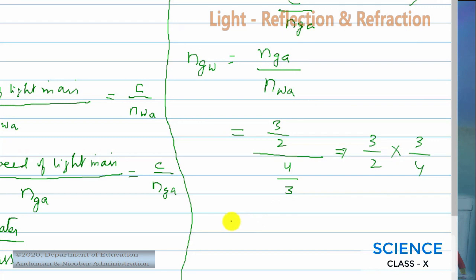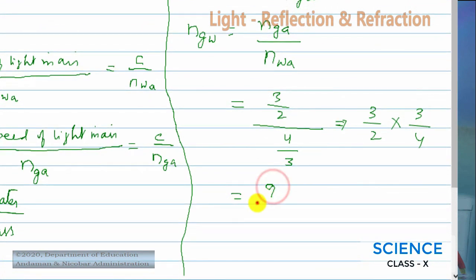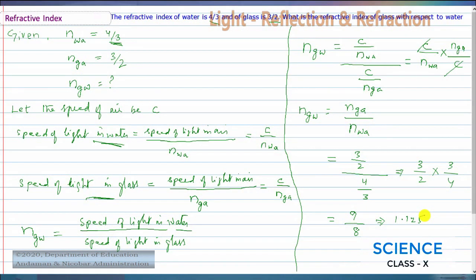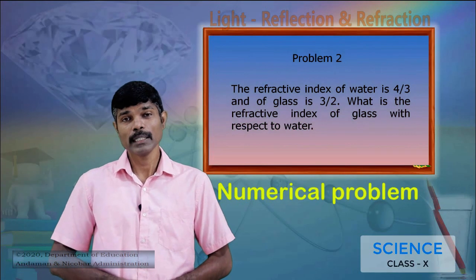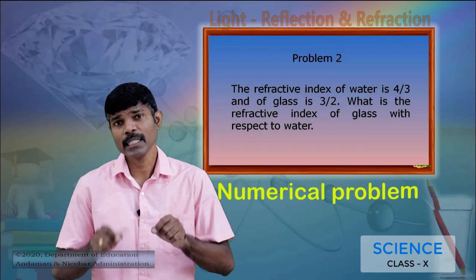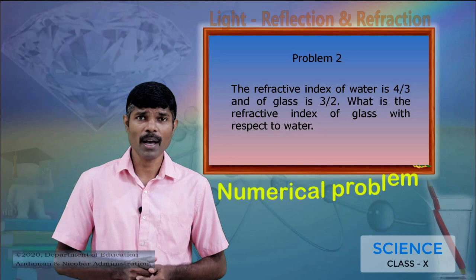Here 3 3s are 9 divided by 2 4s are 8. So what will be the answer? 9 by 8, that is 1.125, is the refractive index. So this is our required answer.